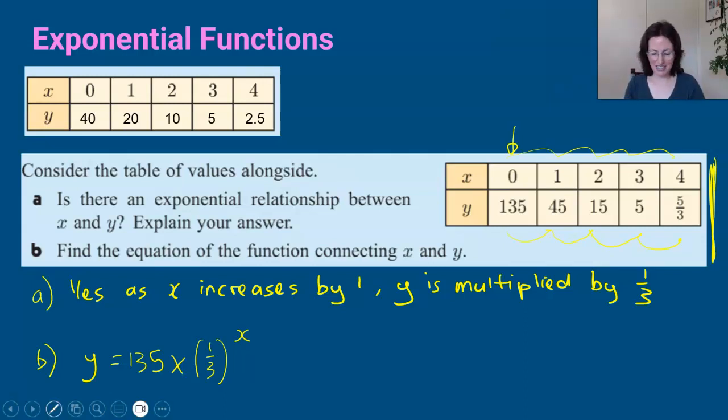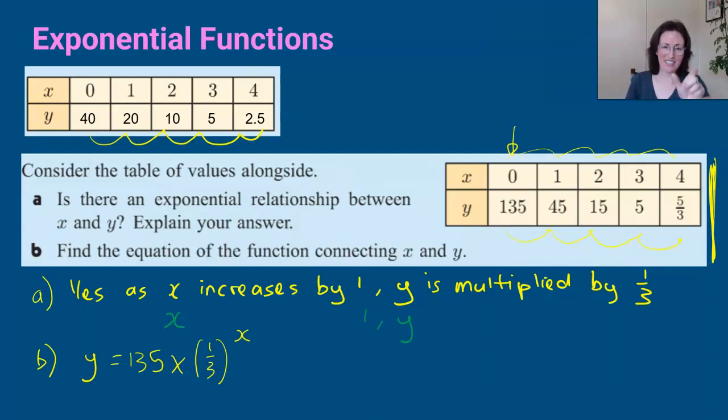I want to take you back to this top table of values because the base number there is going to be greater than 1. Let's see if we can work that out. Having a look at what's happening here, if we had to do the same question again, is there an exponential relationship between them? What's happening here? Explain your answer. And you would say, as x increases by 1, I'm just going to write this underneath here in green, as x increases by 1, y is multiplied this time, this is the same table of values from before, by a half.